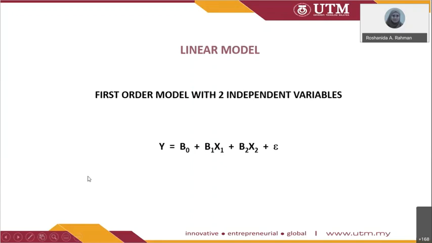So this is the linear equation for our process. For example, y is yield. B0 is the constant, B1 is the constant for x1, and B2 is the constant for x2. This equation will be generated by the software, but you have to understand how to read it, how to discuss it, and how to present it.